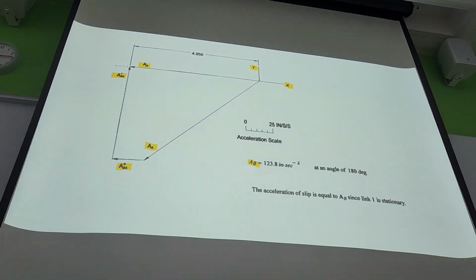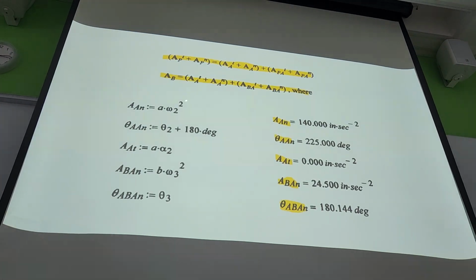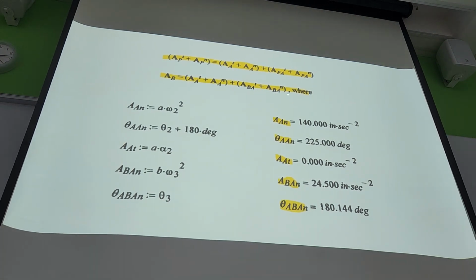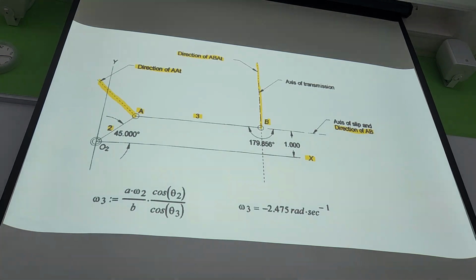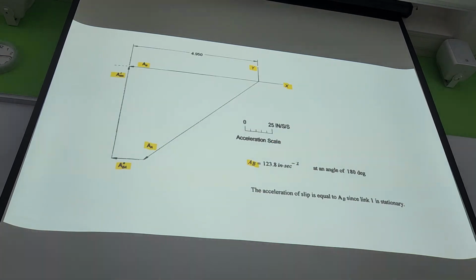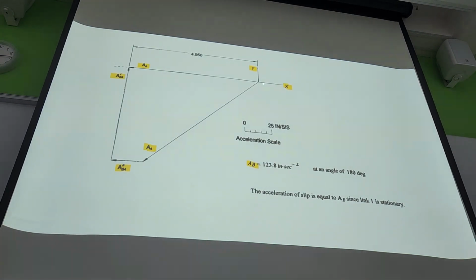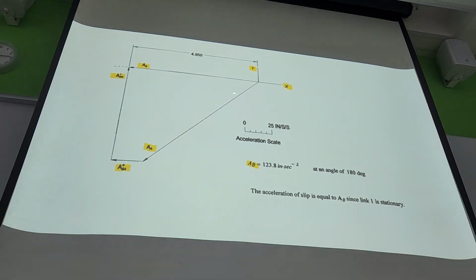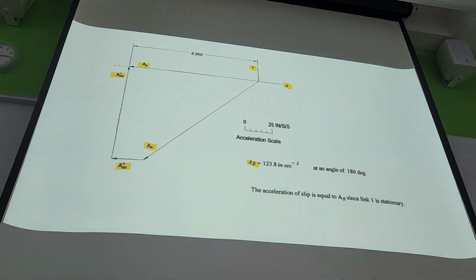So you have completed this portion. We have drawn A tangent, A normal, BA tangent, BA normal. Now you have to draw acceleration of B. From the starting point you draw a horizontal line, because B is the slider which can only move along the x-axis.